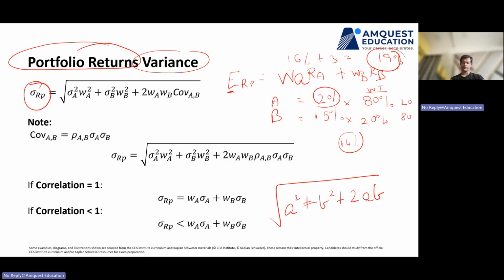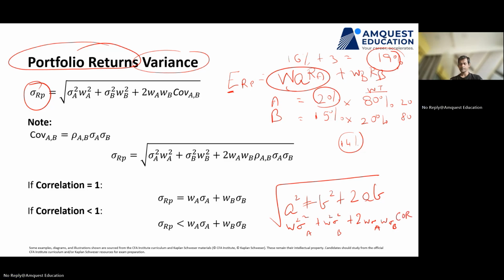Okay? What's the formula? A square. A square is nothing but weight into deviation square. Weight into deviation square. But weight A, weight B. Correct? Weight A, weight B. Now, what is 2AB? 2, weight A deviation A, weight B deviation B. But one thing you have to add here is correlation.